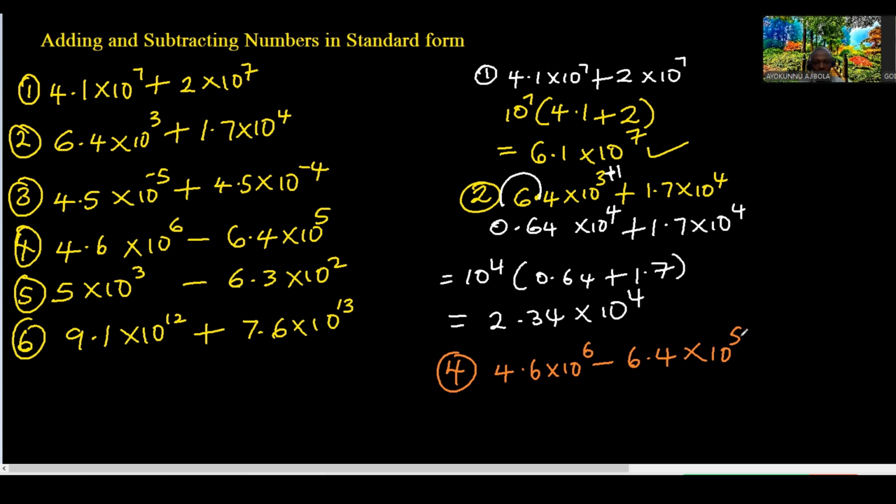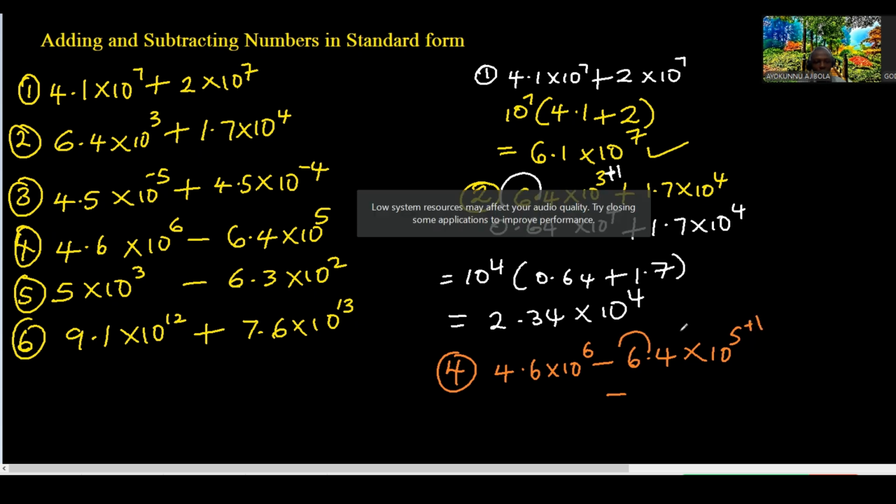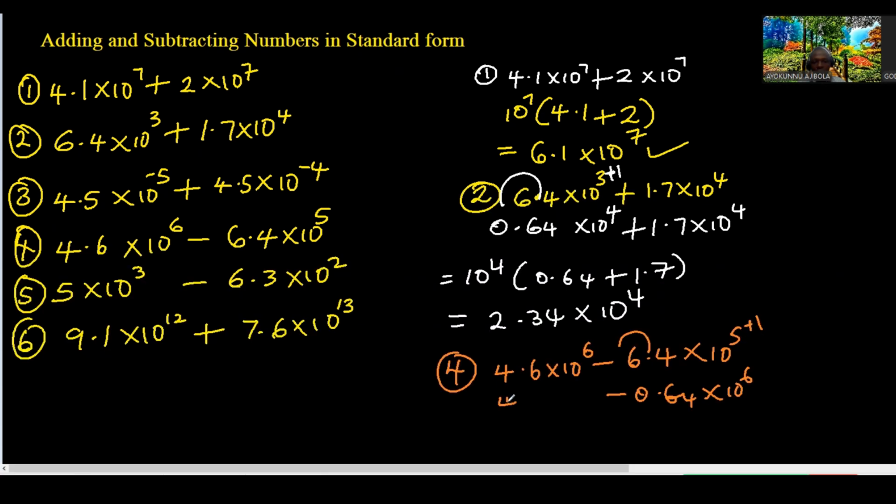That means I need to change this other one to power 6. So if I'm changing the other one, I move the point one step, then I add 1 to this. Adding 1 to this gives me 0.64 times 10 raised to power 6, then 4.6 also times 10 raised to power 6. This time around, they have the same power, so 10 raised to power 6 is common.